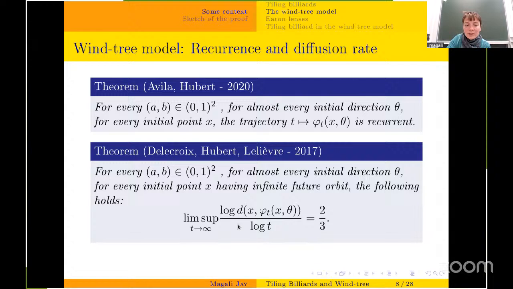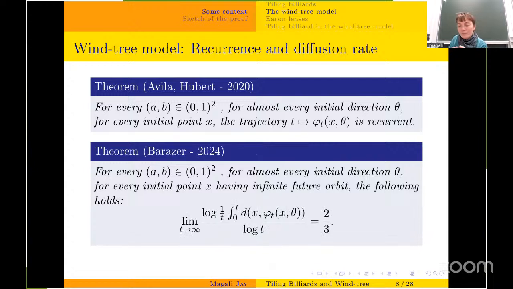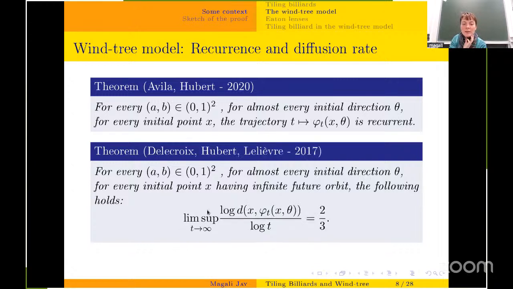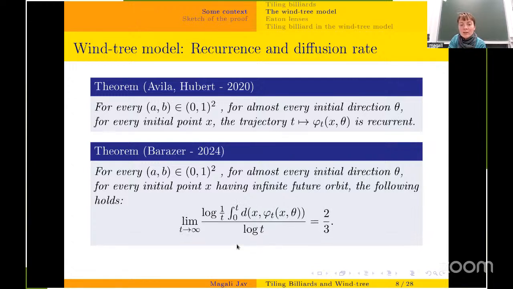And actually, this result is also true when we take the mean along the trajectory. So this was a lim sup, and now we are averaging over all the trajectory.